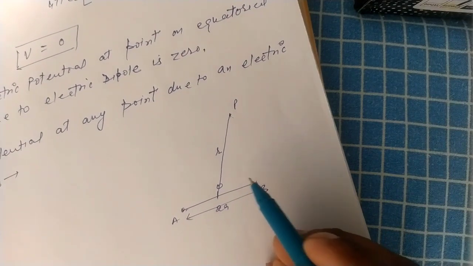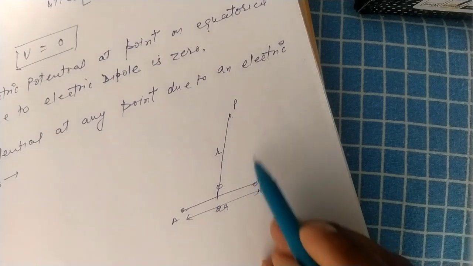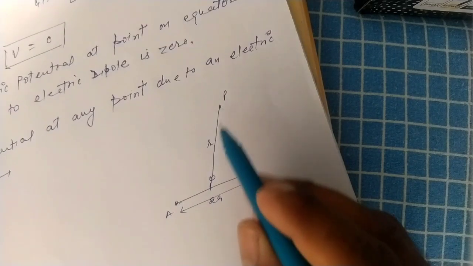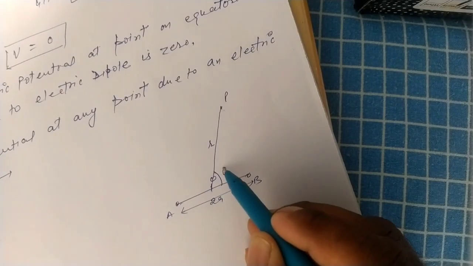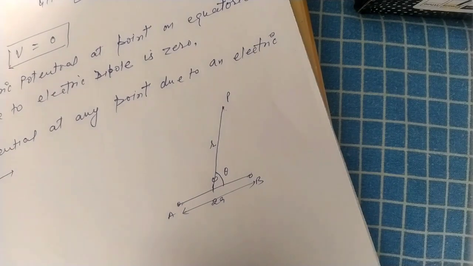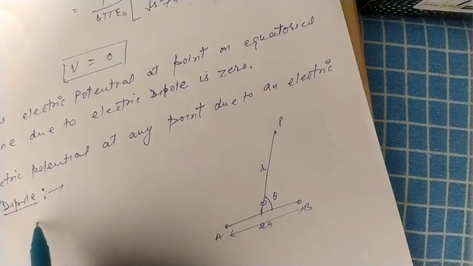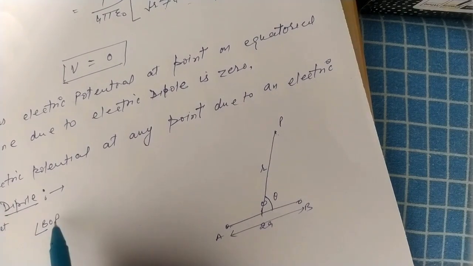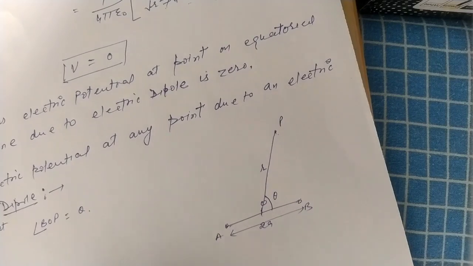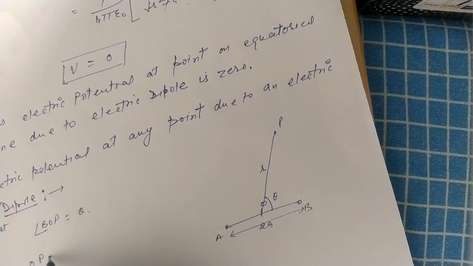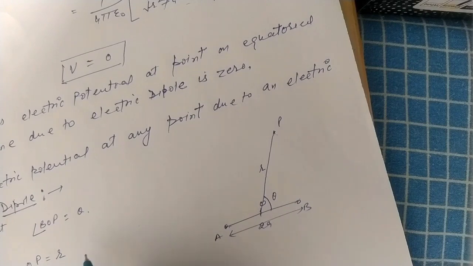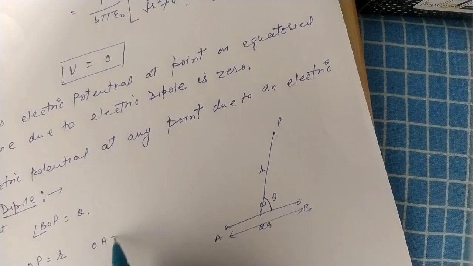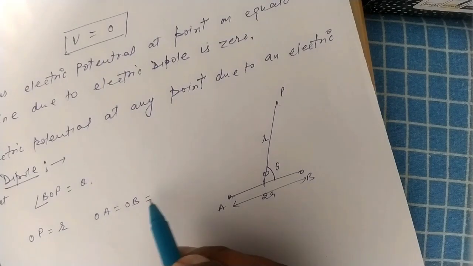Let the angle BOP be theta. OP is equal to R, OA equal to OB is equal to a.